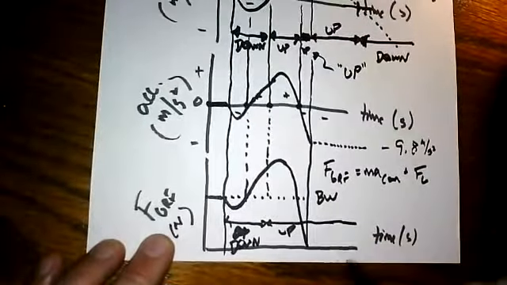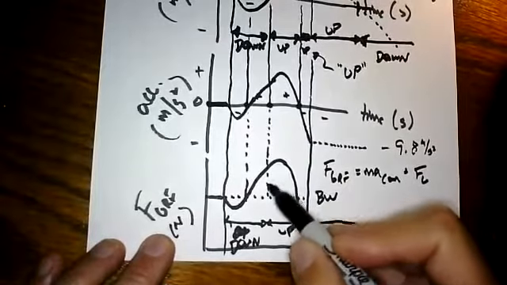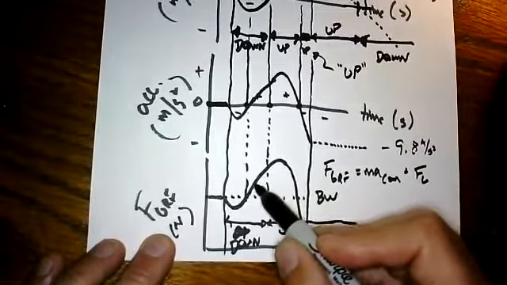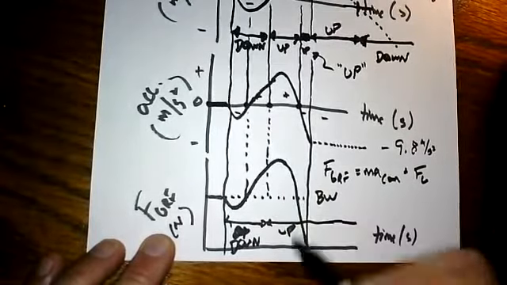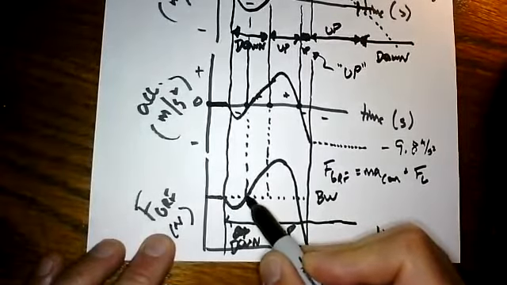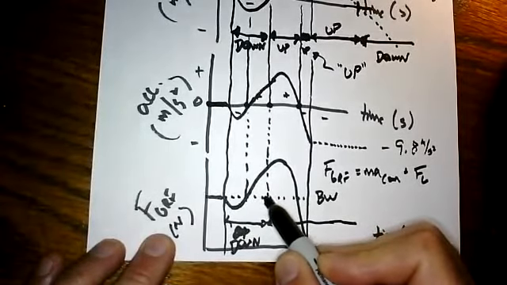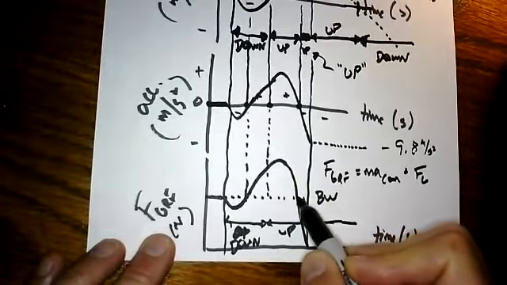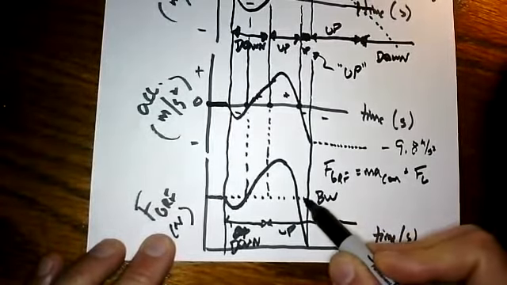So now I've got a ground reaction force that looks like that, but in this mixture of ground reaction forces, I have some downward movement and some upward movement. I have some speeding up moving downward. I have some slowing down moving downwards. And then I have speeding up moving upwards. And then this last region is slowing down moving upwards.